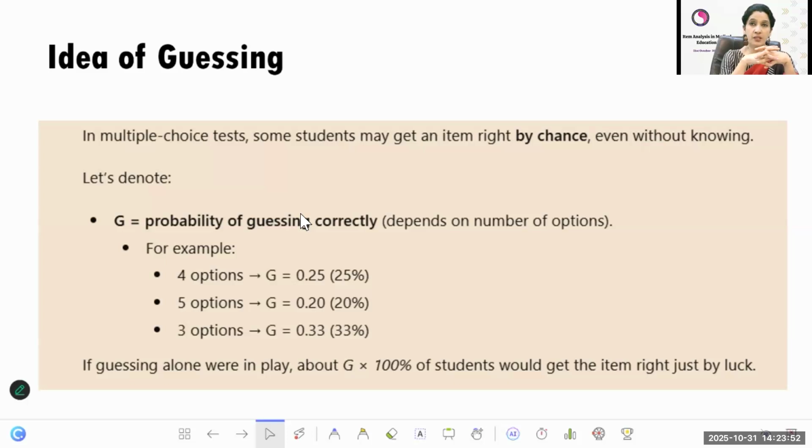If there are three options, there is a 33% chance that students will get the item right just by luck.